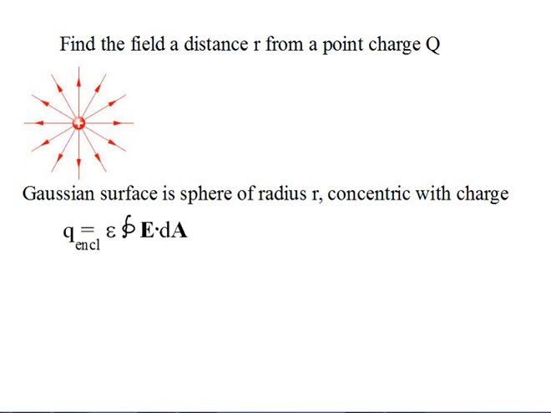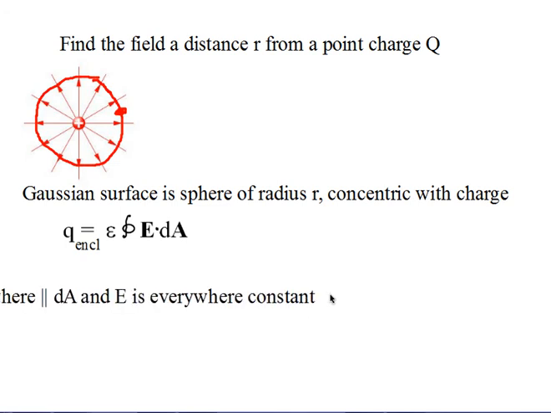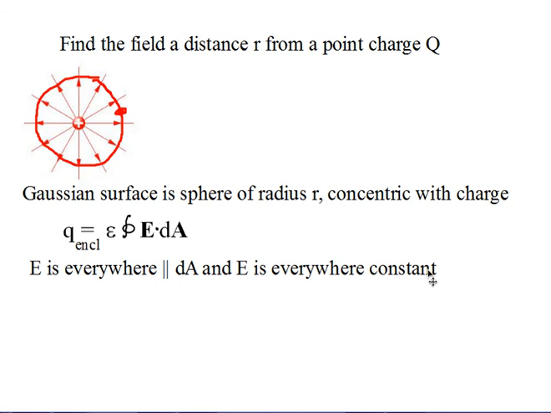Let me draw the surface, just so I have this mental image that I'm putting a sphere that is going to be r big because I want to know the field at r. And then I consider that, and I see that E is everywhere parallel to dA, and E is everywhere constant.